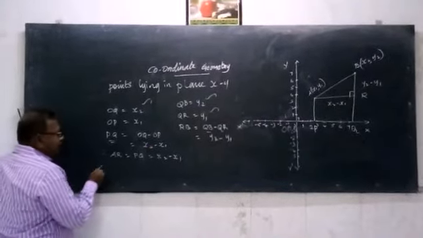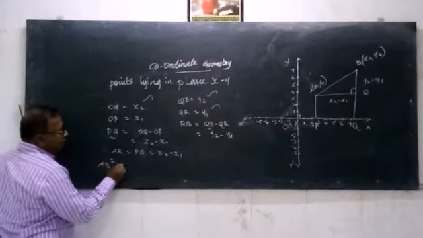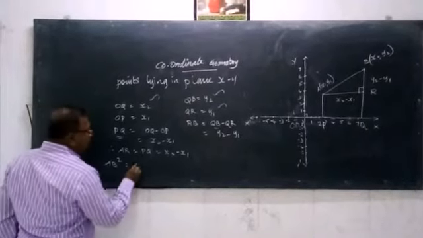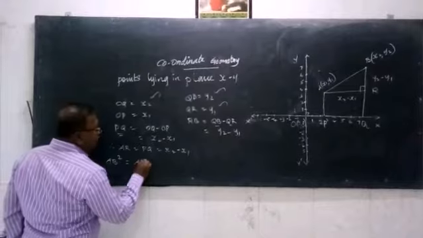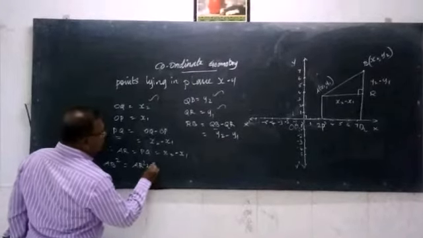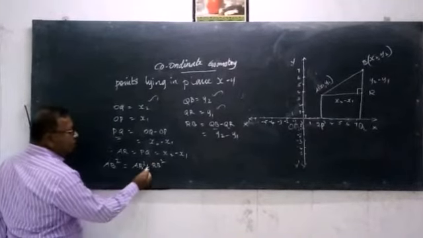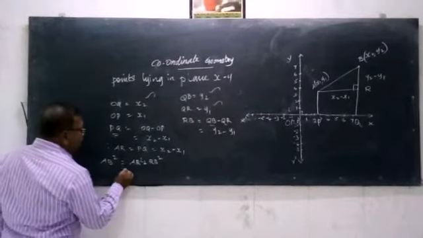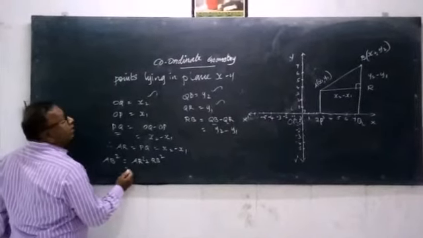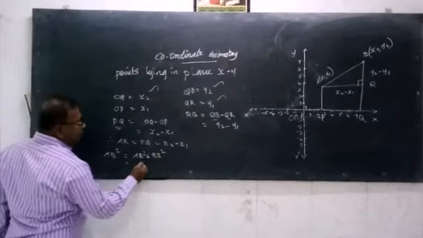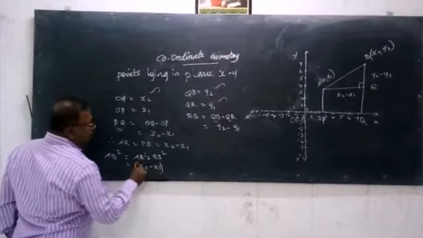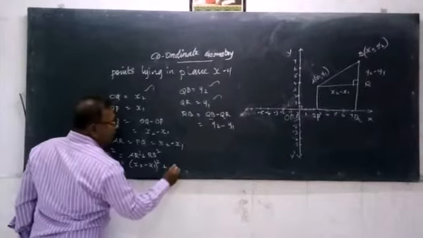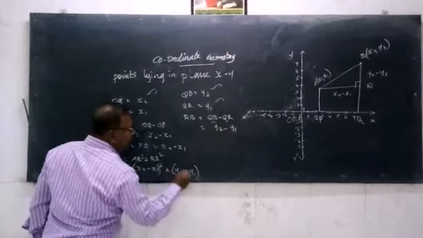So we can write AB square, the square on the hypotenuse, is equal to AR square plus RB square, the sum of the squares of the other two sides. Now here AR square: what is AR? AR is x2 minus x1, whole square. Then again RB square: y2 minus y1 whole square.